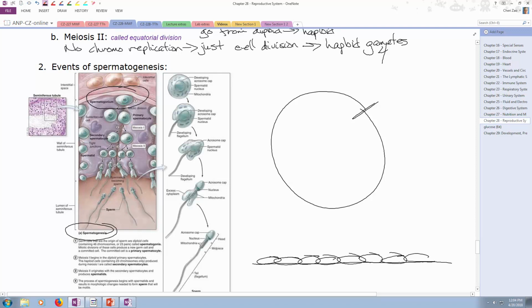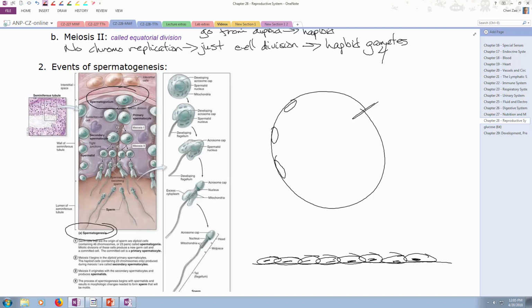Stratum basale, that's right. And stratum basale are mitotically active. And this is the very same process that we're going to see inside our seminiferous tubule. We're going to have some cells sitting along this line that you can think of as the wall, and we're going to treat it in our mind a little bit like a basement membrane.